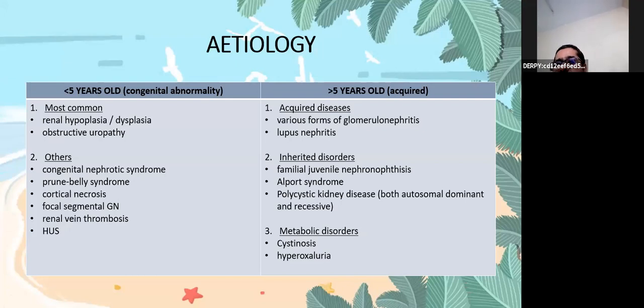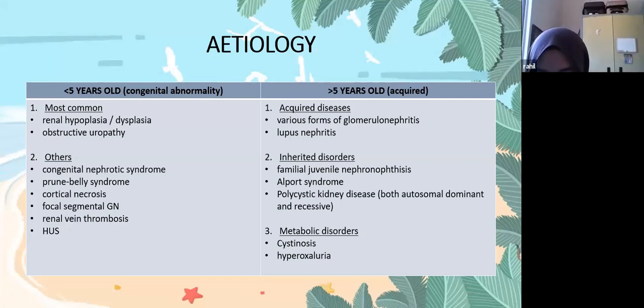Okay, so after 5 years old, it can be due to acquired disease or inherited disorders, and also metabolic disorders. For acquired diseases, it can be from various forms of glomerulonephritis and also lupus nephritis. From inherited disorders, it can be due to familial juvenile nephronophthisis, Alport syndrome, and polycystic kidney disease.